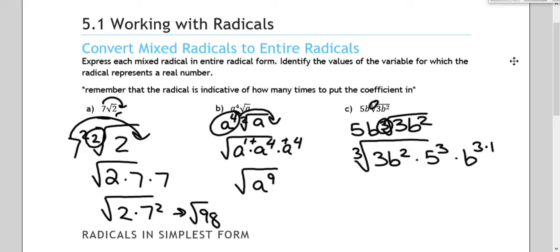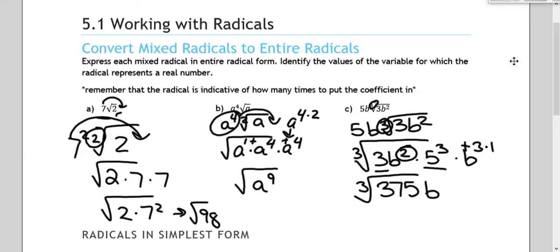Because if it's power to the power, you multiply, just the same way we would have done a to the 4 times 2, and that would have gotten us the same stuff over here. So now we simplify. This will be the cube root of 3 multiplied by 125, which should give us 375b. This is 2 plus 3 to the power of 5.